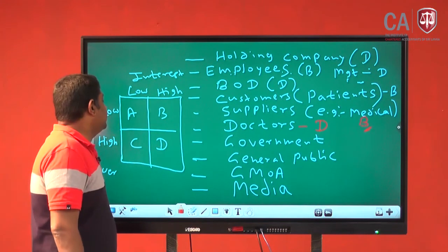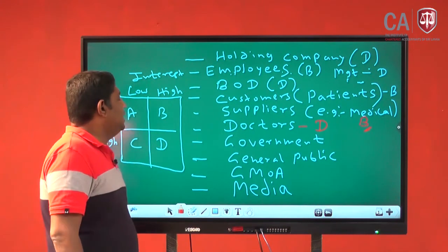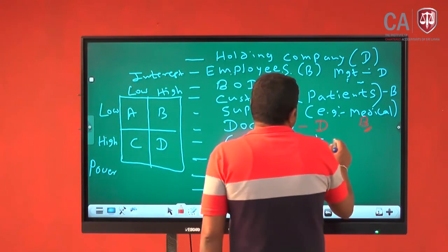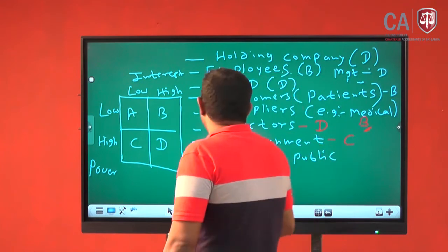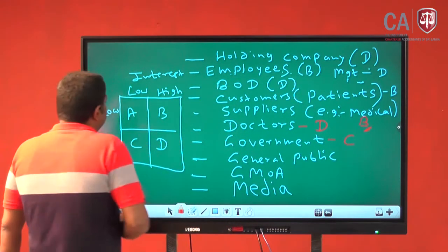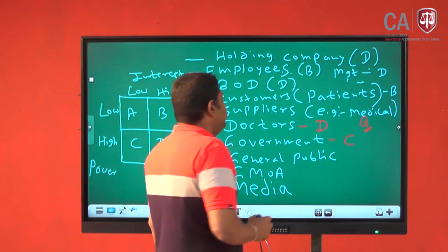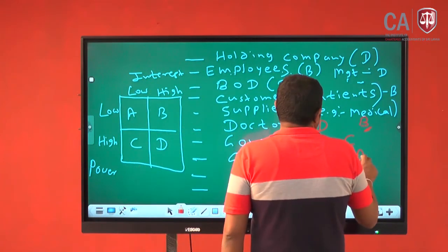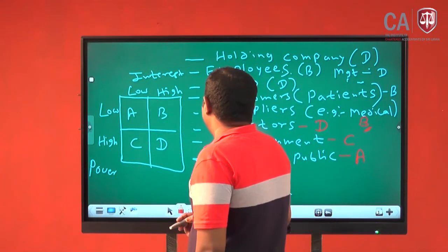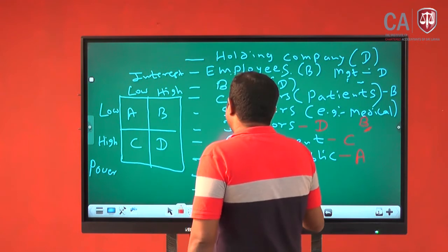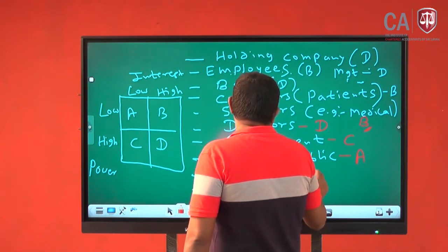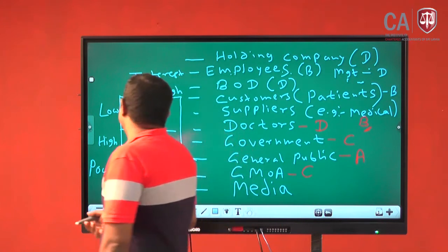Then the government, C. Then general public, maybe low interest, say A. GMOA, possibly C, power is high, not much interested.